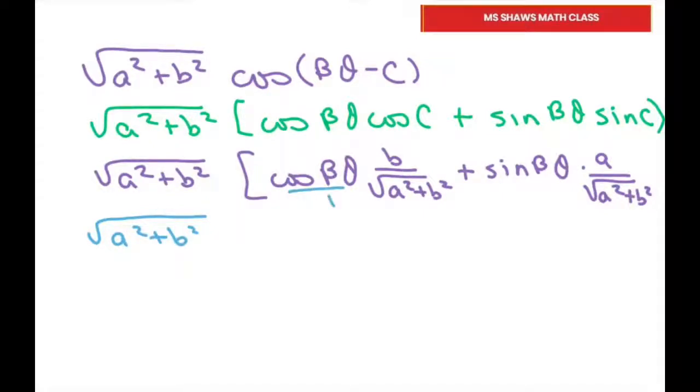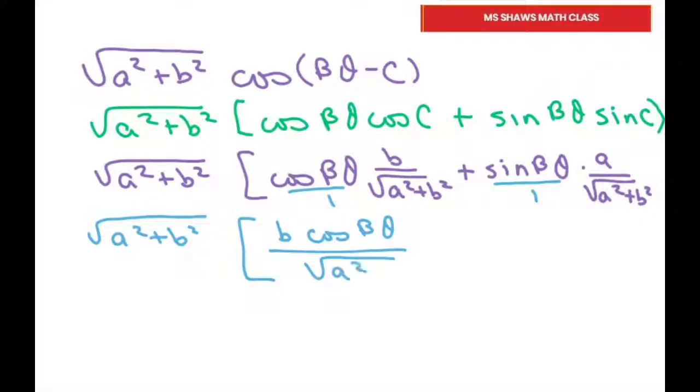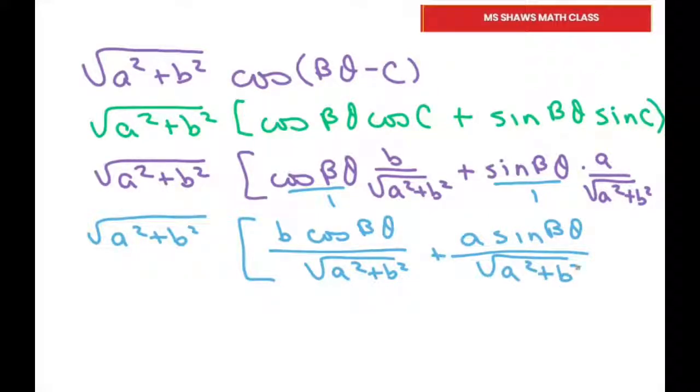So basically what I'm doing is I'm just going to multiply the top. So in the top you're going to get b times cosine of b times theta over the square root of a squared plus b squared plus a times sine of b times theta over the square root of a squared plus b squared.